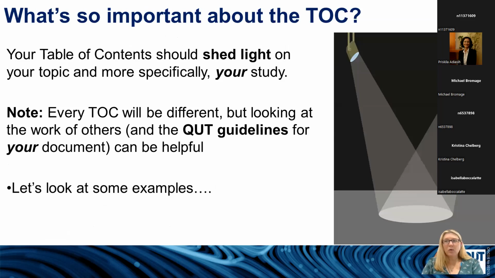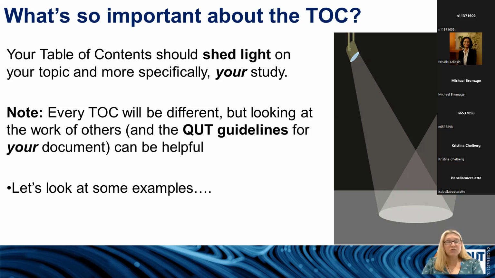So what's so important about subheadings or your table of contents? It's important because it sheds light on your topic and your study. Your reader should be able to look at your table of contents and have a little bit of an idea of what you're investigating and the main concepts. Every table of contents is going to be different, but if you look at the work of others, such as the exemplars we're looking at today, and also the QUT guidelines, they are going to be helpful for you.